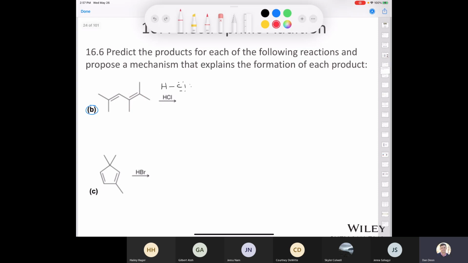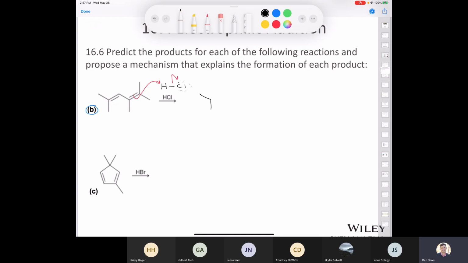So which one of these carbons is going to take the proton? If I put the proton here, I end up with a carbocation here, which isn't resonance stabilized. However, if I add the proton here, then I would end up with a carbocation here that would be resonance stabilized. So that means the proton is going to go on this carbon.